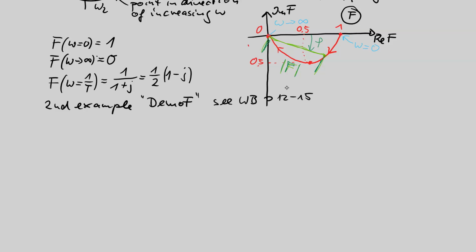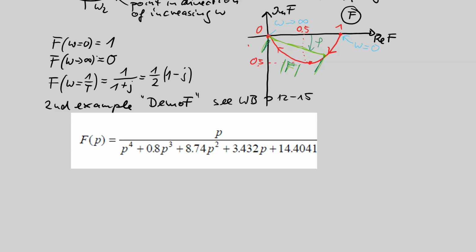I show you the copy of the transfer function coming from these pages of the workbook, and you see in the numerator is just a simple p, and in the denominator a 4th order polynomial function with p to the power 4 plus some other coefficients.